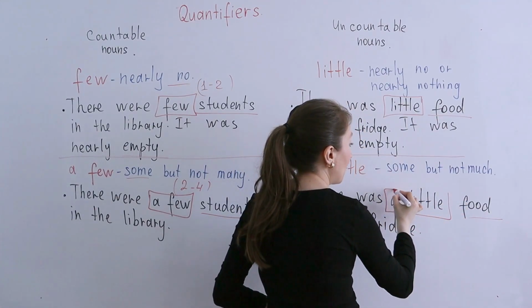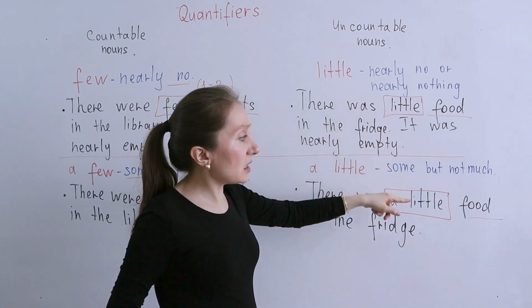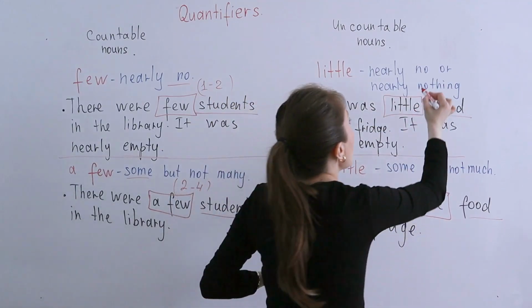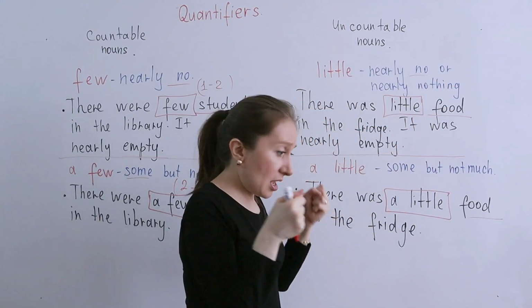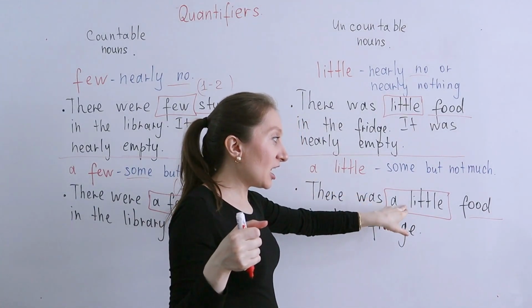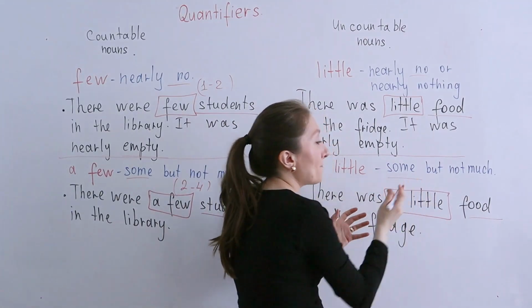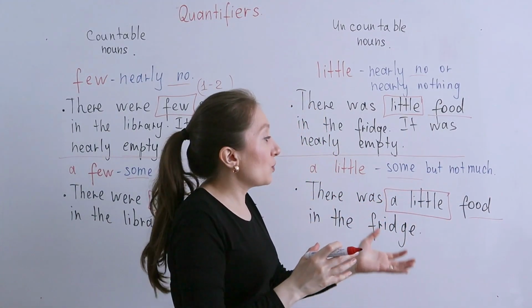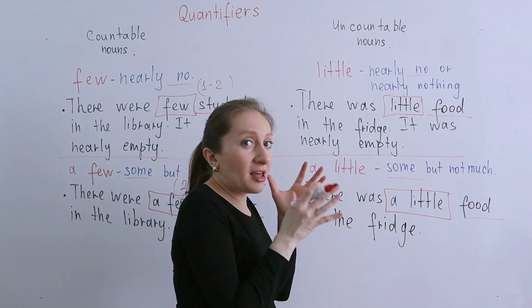But here we have a little. Again, what is the difference? Little, a little, right? Little, nearly no. Oh my God, nothing, empty, right? Here, a little, you have something. You have some, maybe some sandwiches or tomatoes or cucumbers or something that you cooked before.